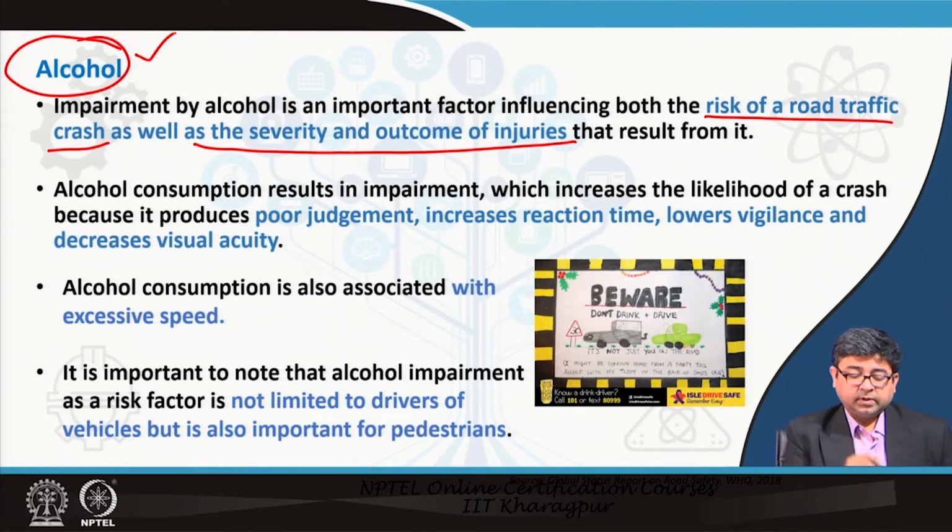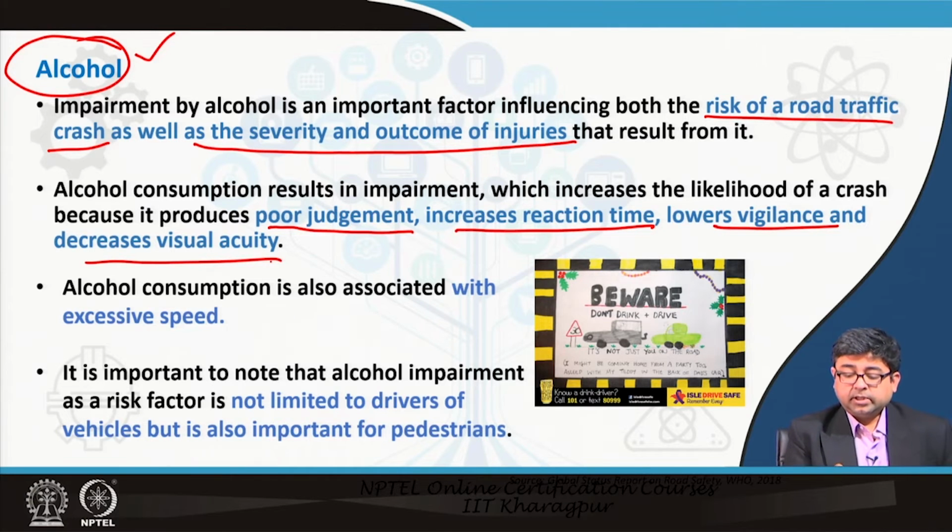of the accident also depends upon whether or not the person is under the influence of alcohol. Alcohol consumption gives rise to poor judgment, increases the reaction time, lowers vigilance and decreases visual acuity. This is something that transportation engineers always harp upon, that it increases the reaction time of the motorist or the driver.